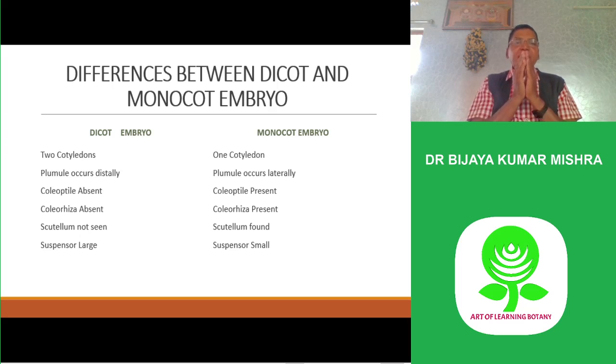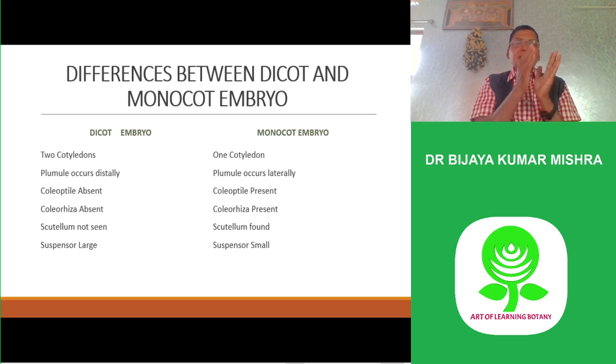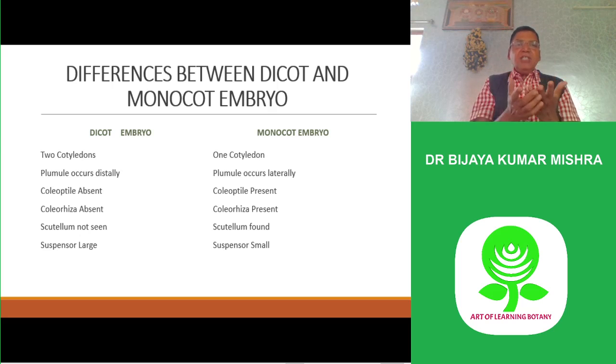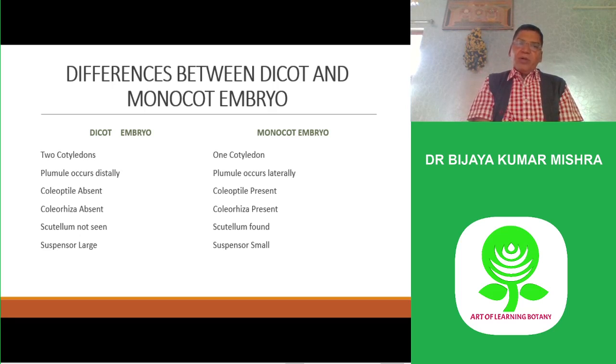The coleoptile is absent in dicot and present in monocot; the coleoptile is the covering of the plumule. The coleorhiza, the covering of the radicle, is absent in dicot and present in monocot. The scutellum, the papery cotyledon, is absent in dicot and present in monocot. The suspensor is large in dicot and smaller in monocot.